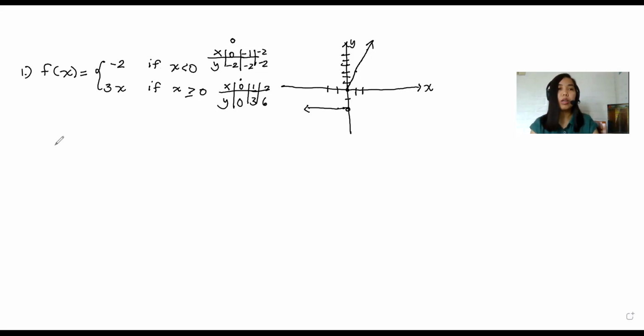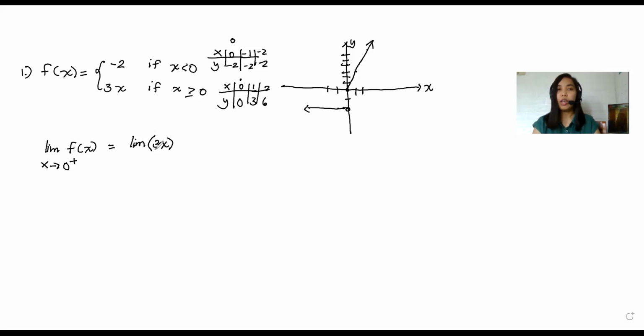So if we're going to check the limit of f of x as x approaches 0 from the right, you will write the limit. What is the function if we're going to check 0 from the right? You check greater than here, so the function is 3x.